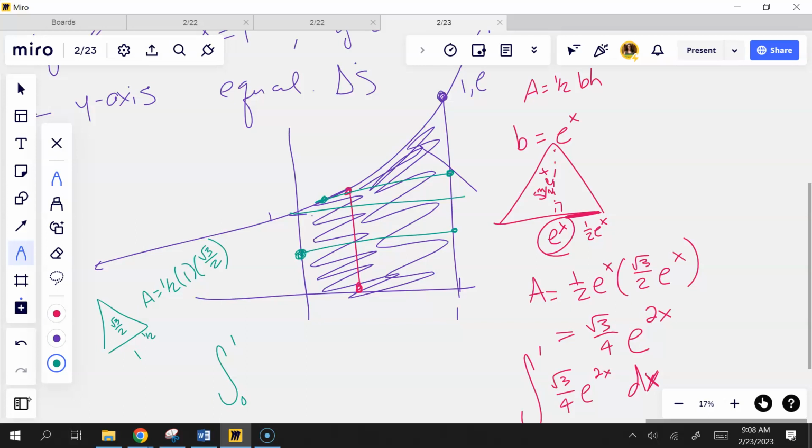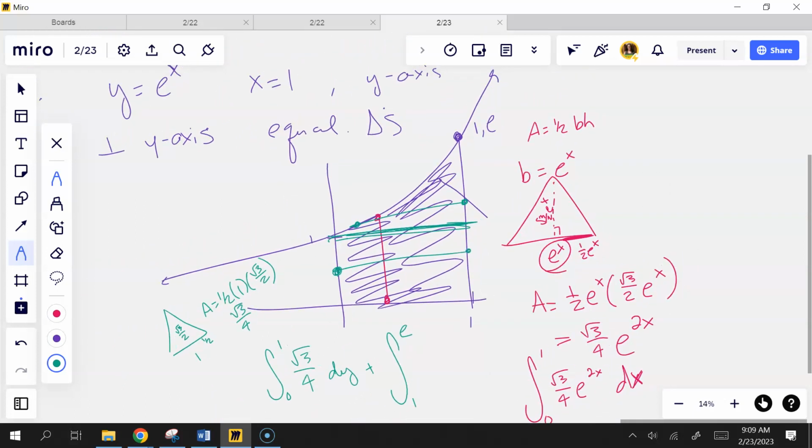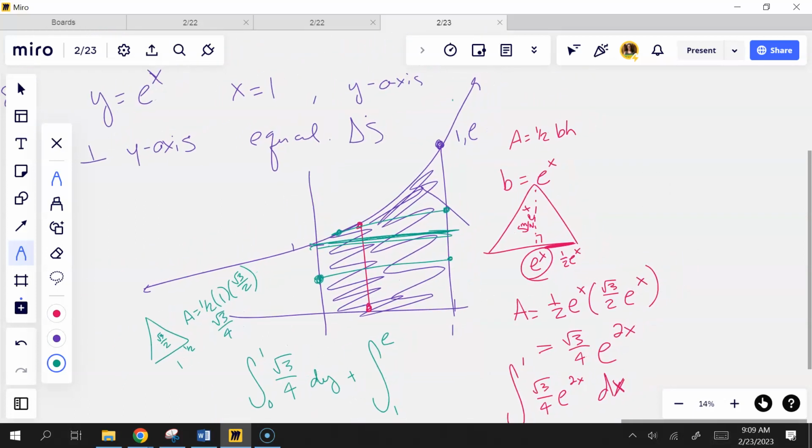Okay, so what's this, square root of 3 over 4? Then I would do from 1 to e. So that's here. And again, I do need to solve that for x. So if this is y equals e to the x, then what does x equal? Natural log of y.